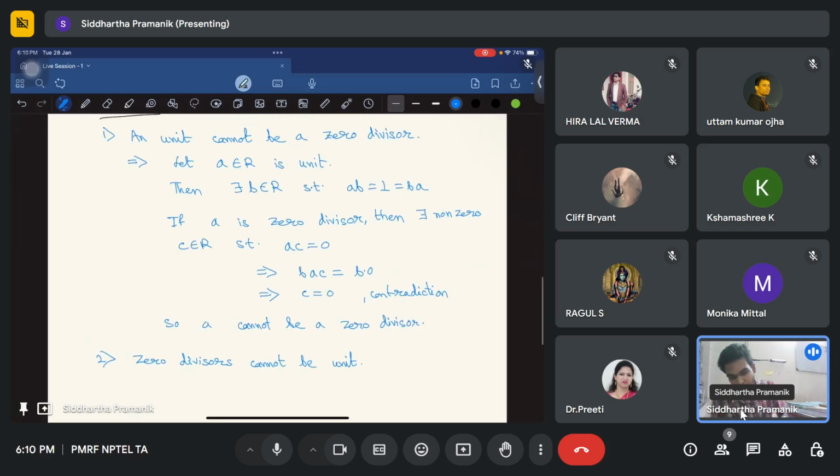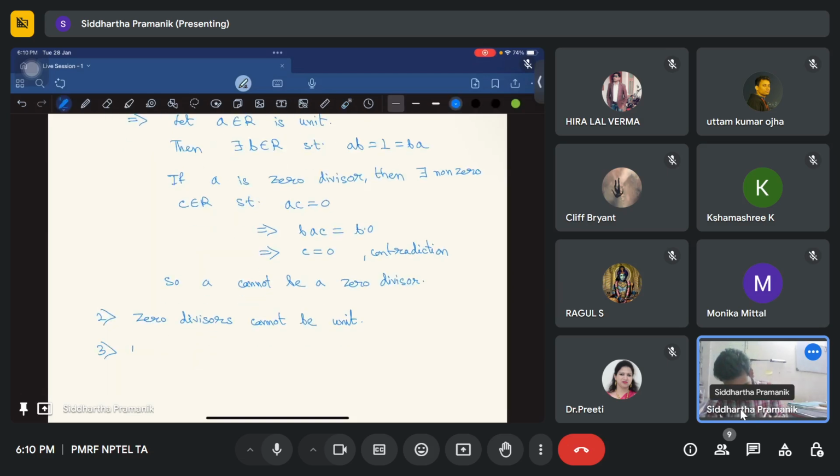So from these two arguments, the first and the second, we can conclude that a non-zero element cannot be simultaneously a unit as well as a zero divisor.